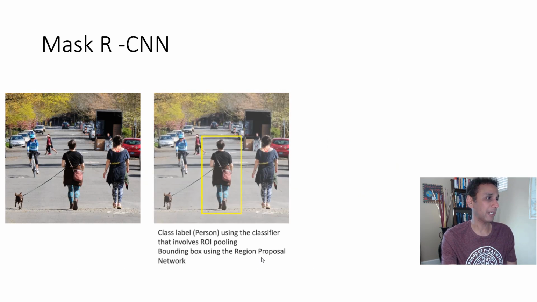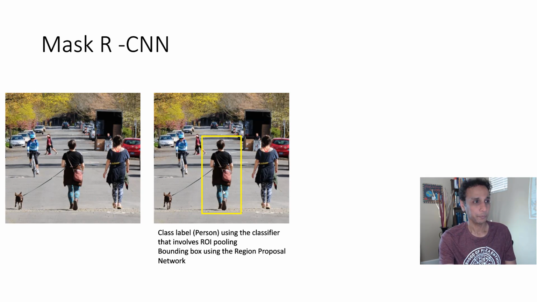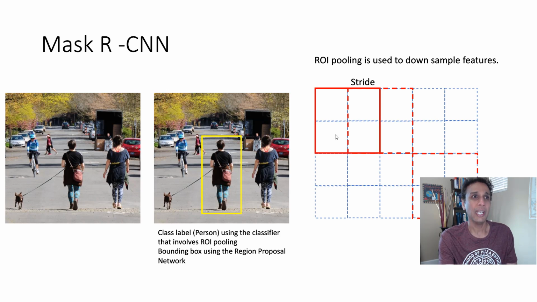But first, before jumping into that, look at this scene. There is a person right there. We know that the class label here is person and the bounding box is right there. And ROI pooling actually gives us a semantically segmented image. Let's start by understanding ROI pooling.